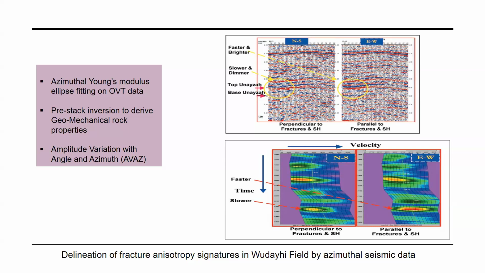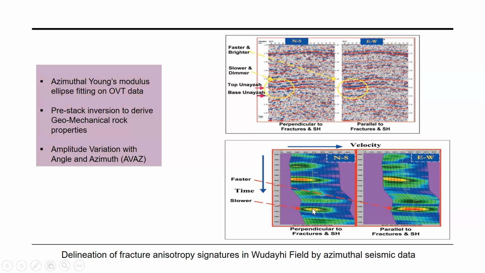So if you look over here, they are trying to use pre-stack data. While doing so, what they found is that in the north-south direction, in the same particular stack, the velocity is quite low.